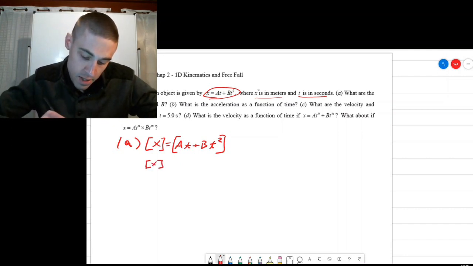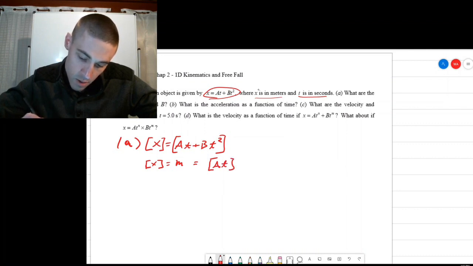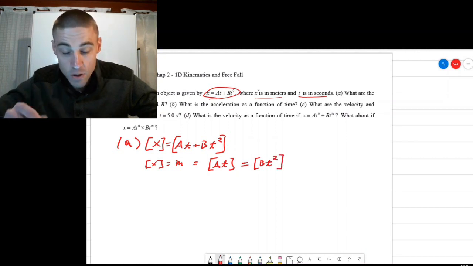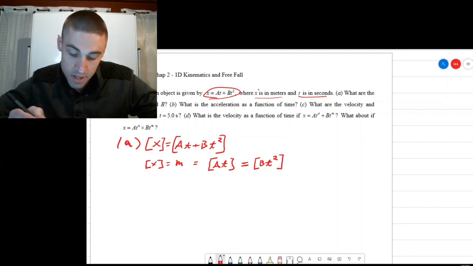The units of x are meters, and that's going to be equal to the units of at, and that'll also be equal to the units of b times t squared. If you add two quantities together, and they're physically meaningful quantities, they have to have the same units.